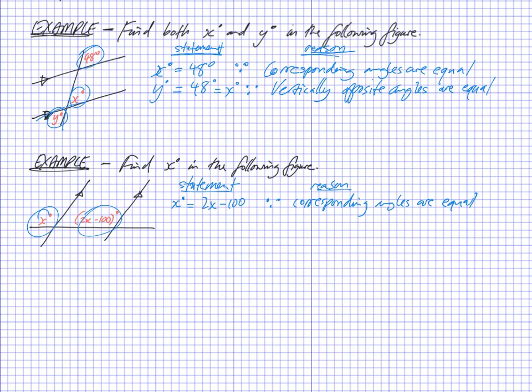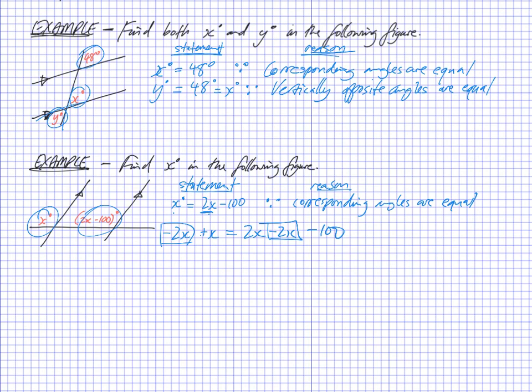Because they're equal, I can use algebra to find this. You have an x on one side and 2x on the other. You can't solve for x if you've got x on both sides, so I'm going to minus 2x from both sides, because I want to get rid of the 2x on this side. But to keep it balanced, I need a minus 2x on the other side.